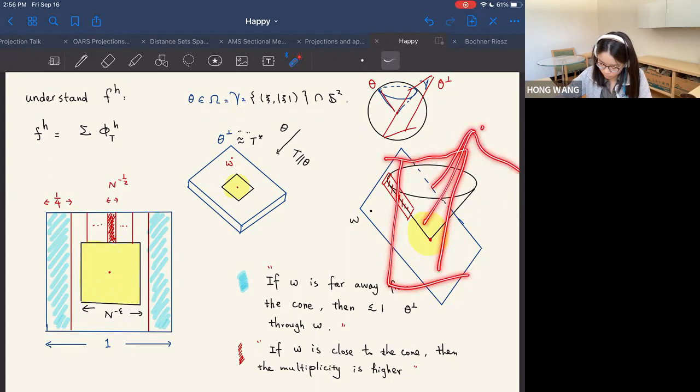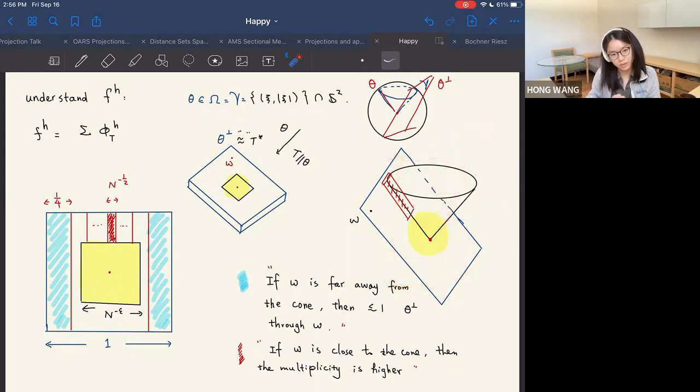And for other directions is here. So this picture, maybe somebody knows the square function for the cone, is very similar to the frequency decomposition in that paper. And we observe that when our omega is far away from the cone, then the number of T stars through each omega is bounded.